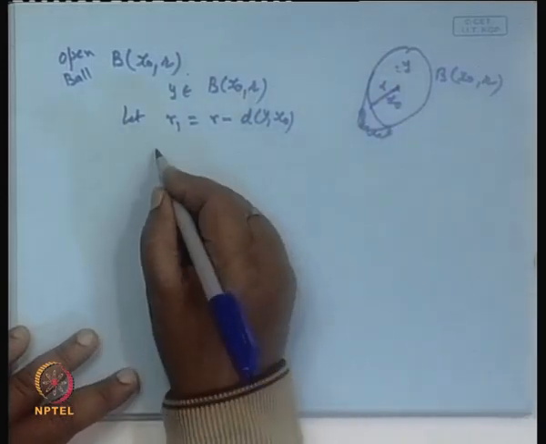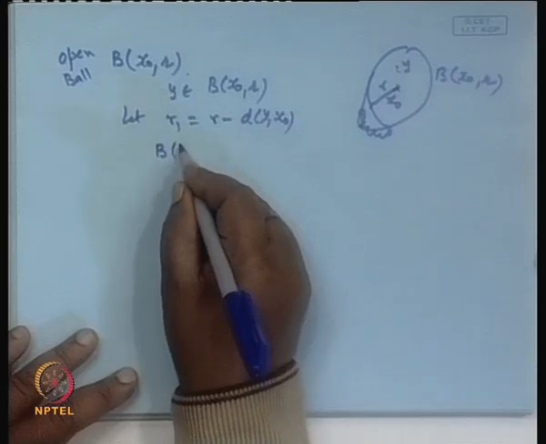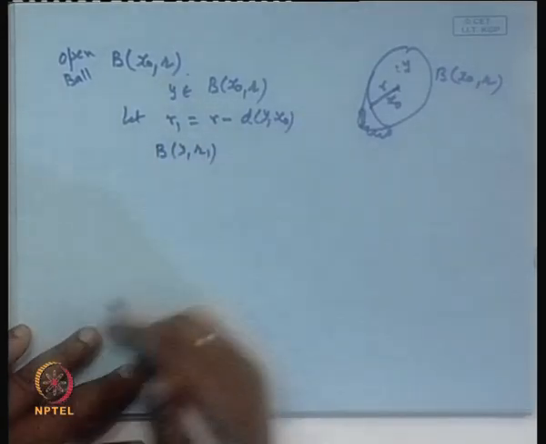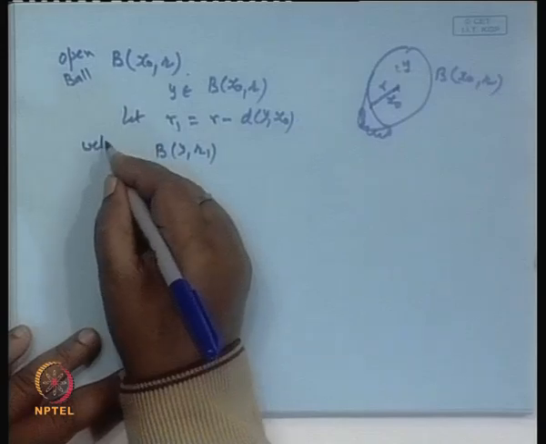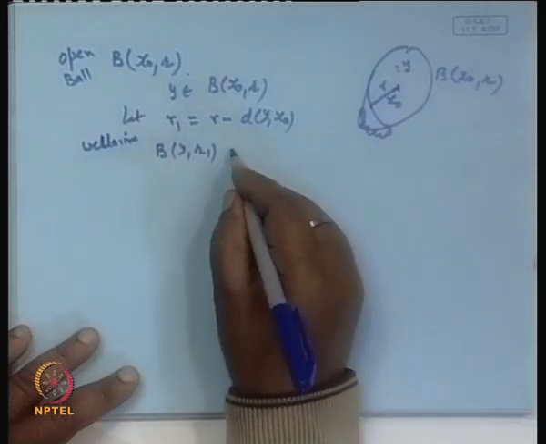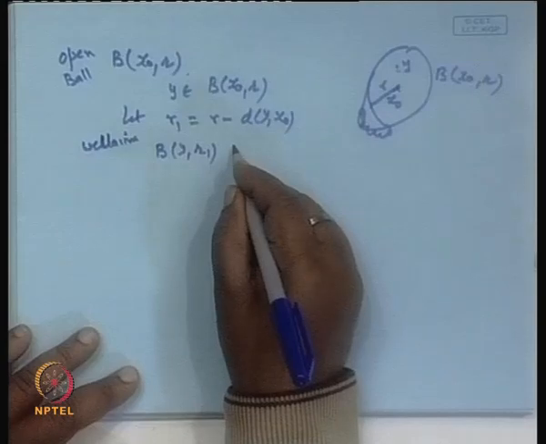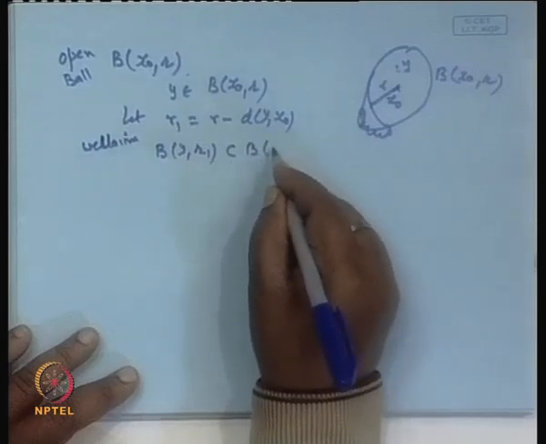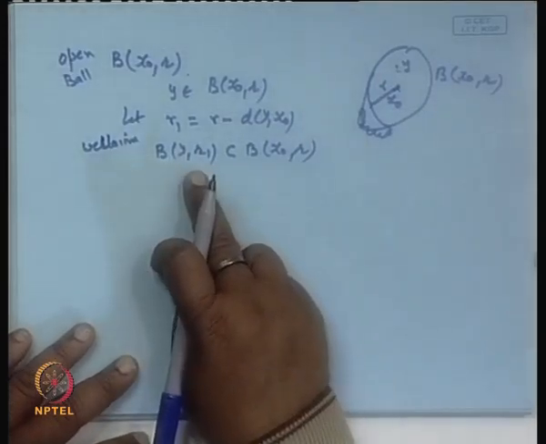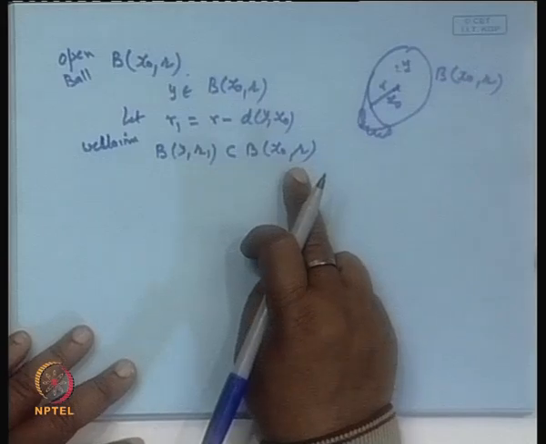Now, if I draw the ball centered at y and radius r 1, we claim that this ball is totally contained inside the ball centered at x naught and radius r, meaning all the points of this ball will be available inside it.